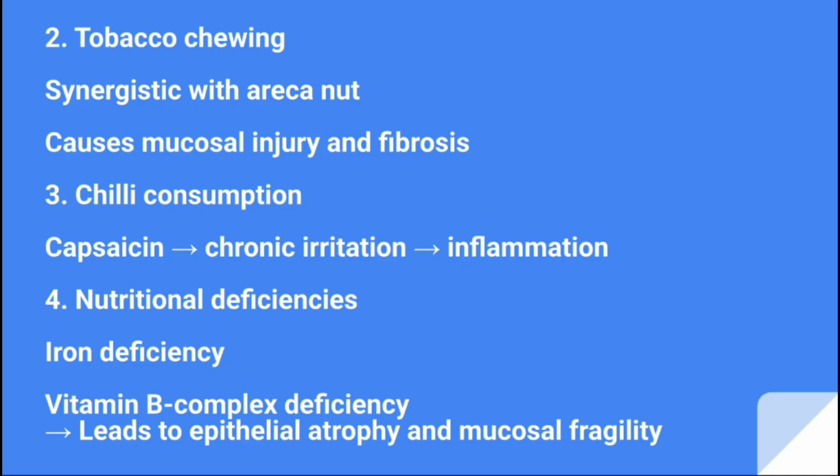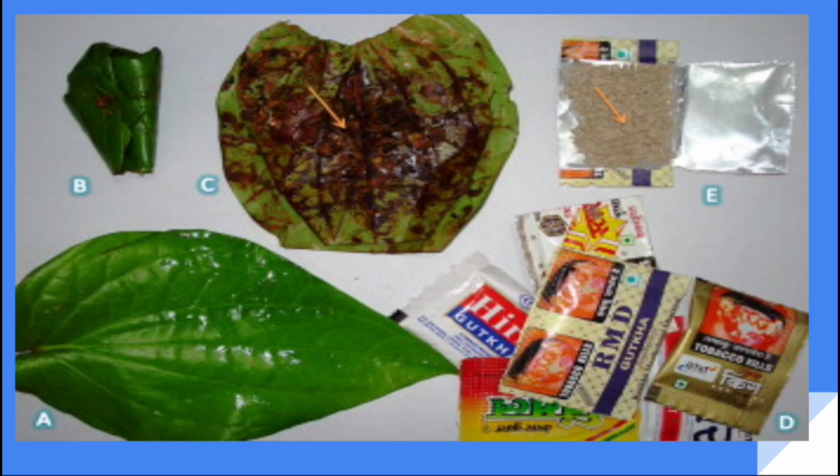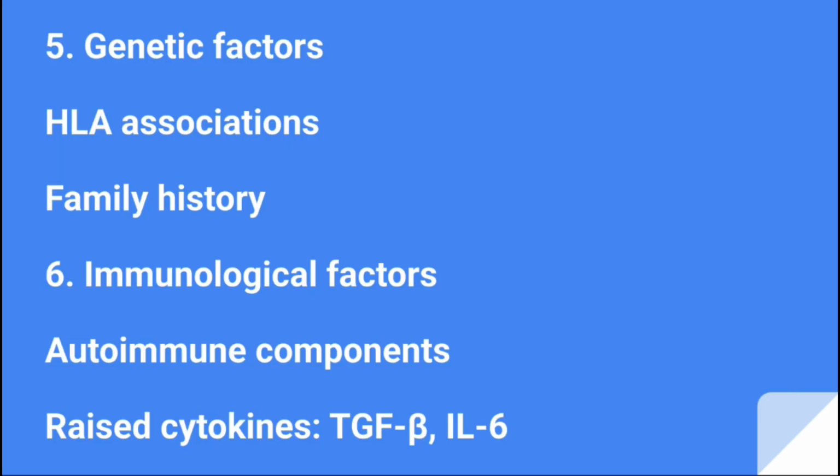Chili consumption, like those who eat so much spicy food, can also be a major cause. Then nutritional deficiency, vitamin B complex deficiency, also leads to this. This is how smokeless tobacco looks, betel, panparag, kaini, all these are causative agents of OSMF. Sometimes genetic factors, family history and immunological factors also influence it.